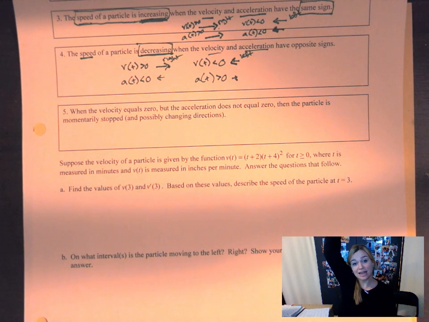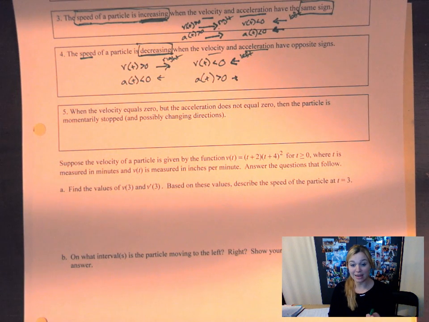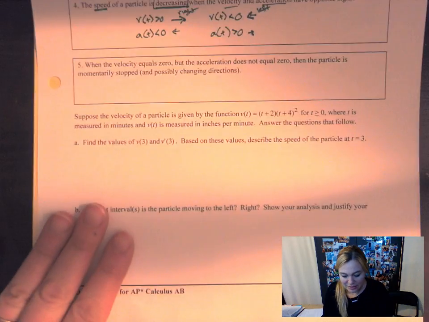There is a moment at the top when it's changing directions that it stops, and then it comes back down. There's still an acceleration on this pen at that time. It's just momentarily stopped. So if you see something where velocity is 0, but acceleration is still doing something, that's a-okay.